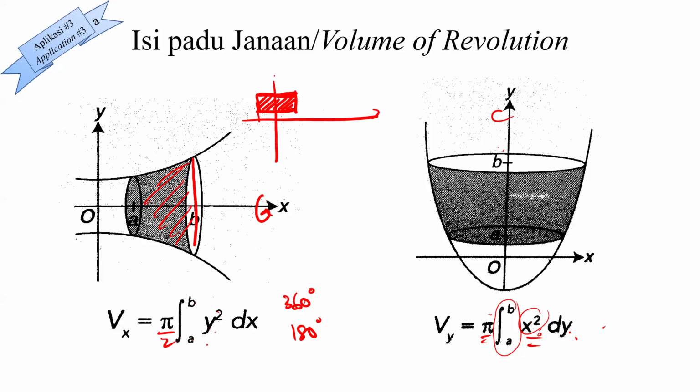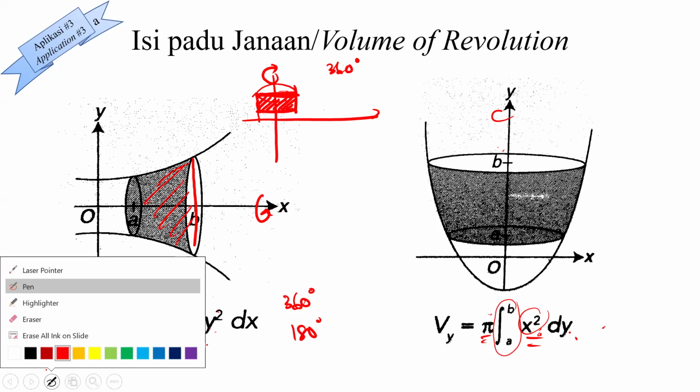When I say I revolve about the y-axis 360 degrees, if you turn this one, from here it will come to here, and from here it will come to here. Can you see it now?